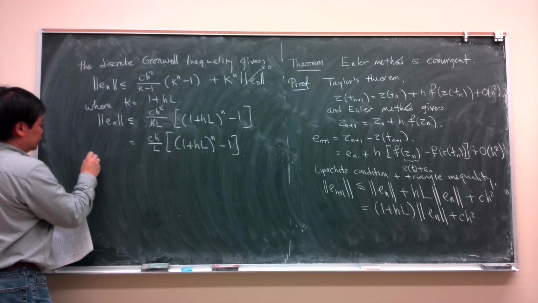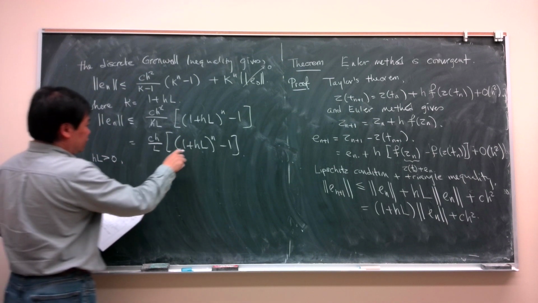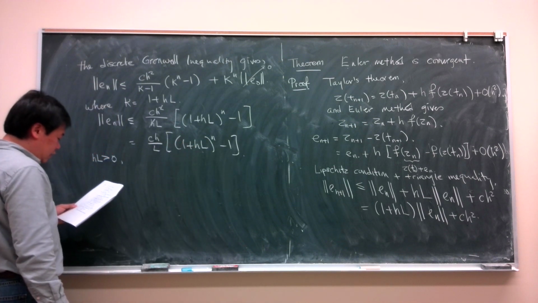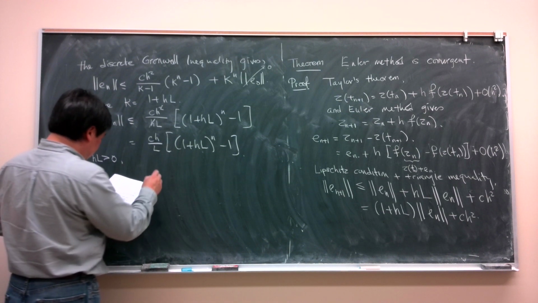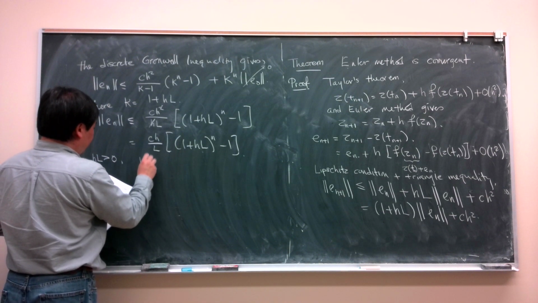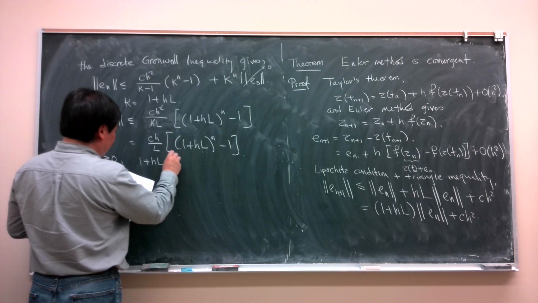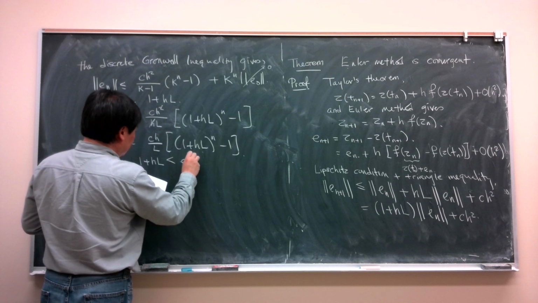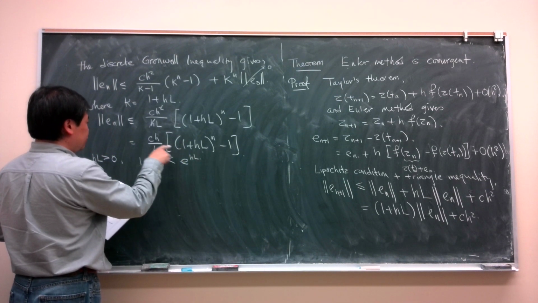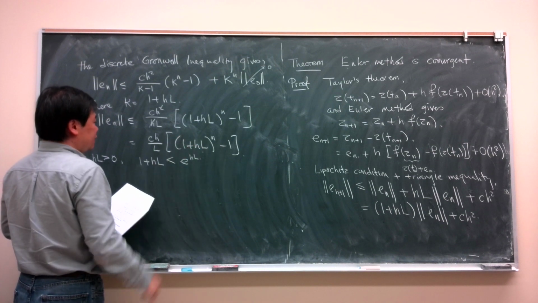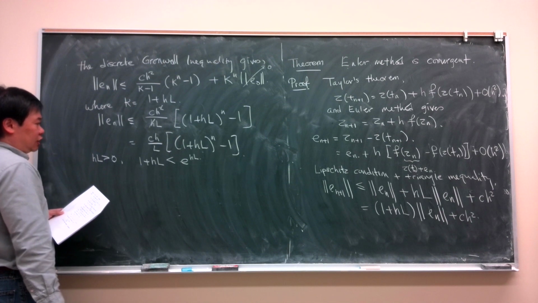So you can observe that h times L is greater than 0. In particular, you can relate this to the exponential. Because hL is greater than 0, 1 plus hL is bounded from above by the exponential of h times L. So I'm going to replace this (1 plus hL) to the nth power by e to the hLn.